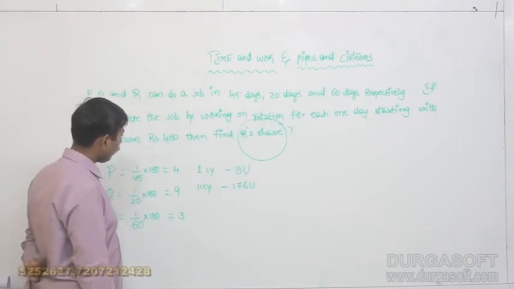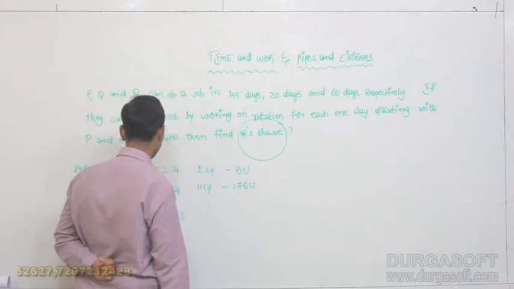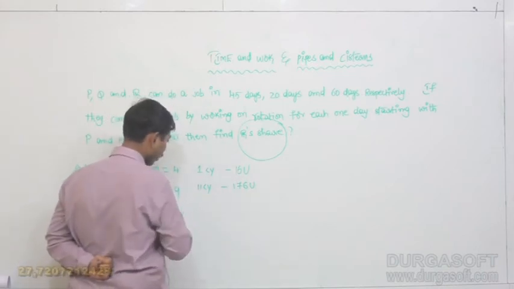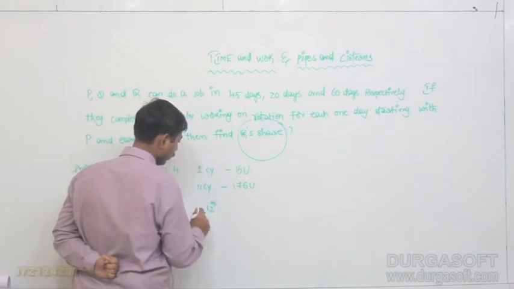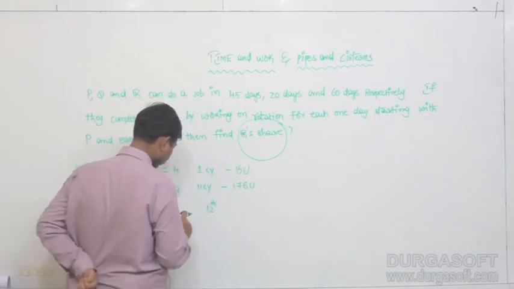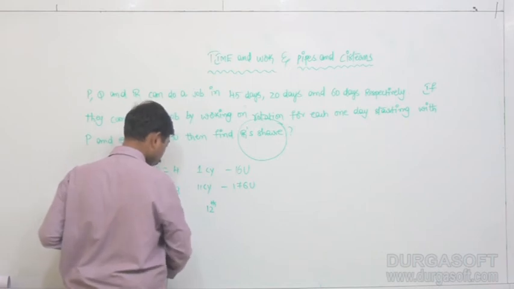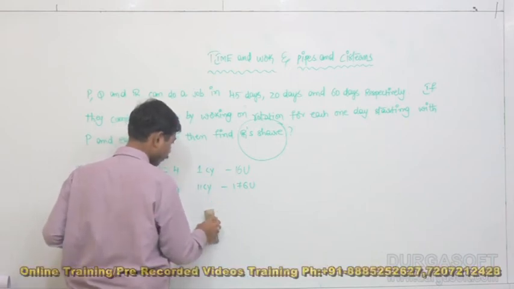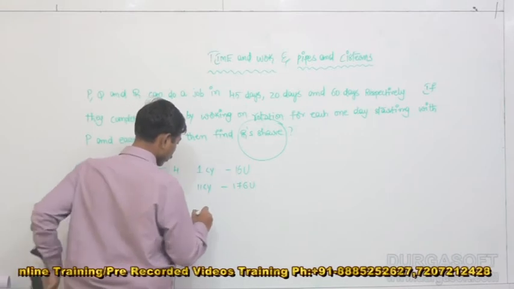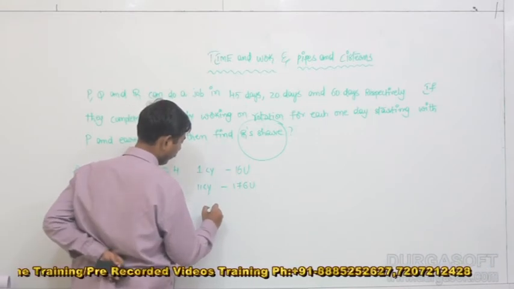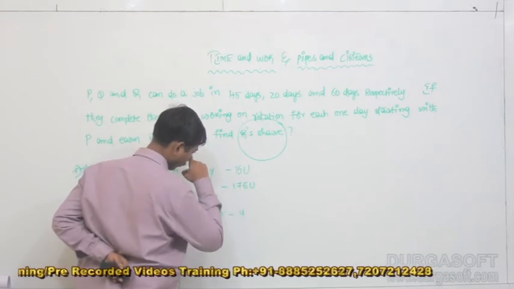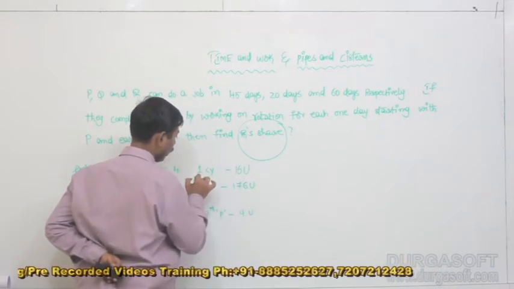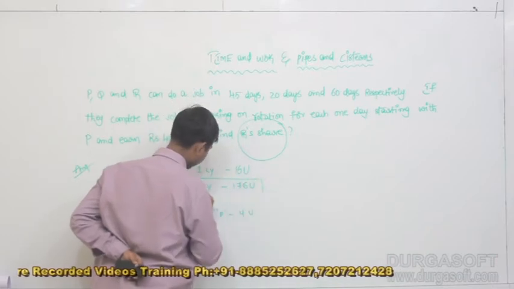In the 12th cycle, the first day is the first day for P, that means the 12th day for P. In the 12th cycle P has to work for that first day, the 12th day, to complete the remaining 4 units. 11 complete cycles are done.